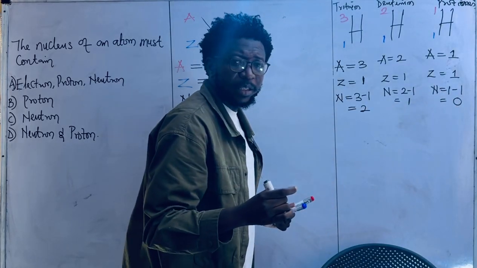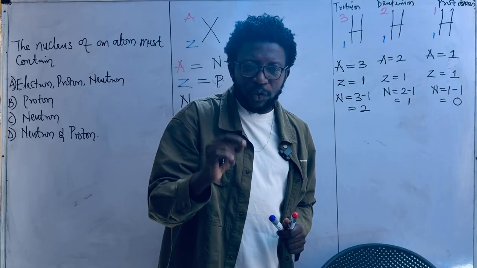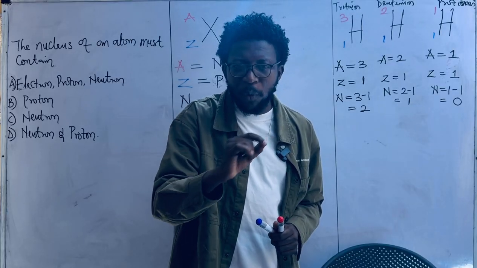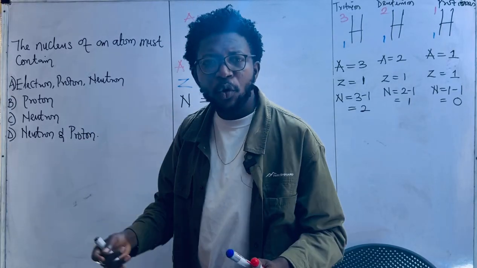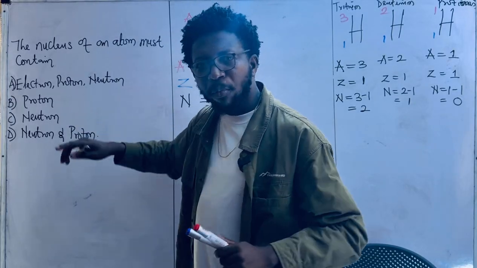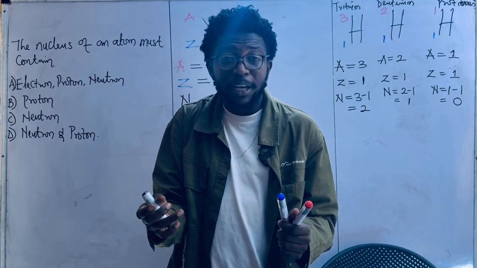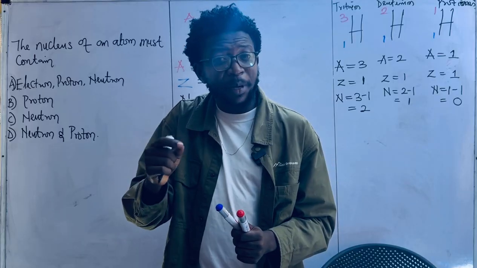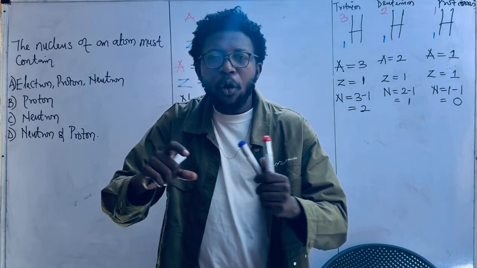How many neutrons do we have here? None. That means, in a nutshell, the nucleus of an atom must contain proton. However, it may not contain neutron. But a typical atom's nucleus should contain proton and neutron. But is it for all atoms?